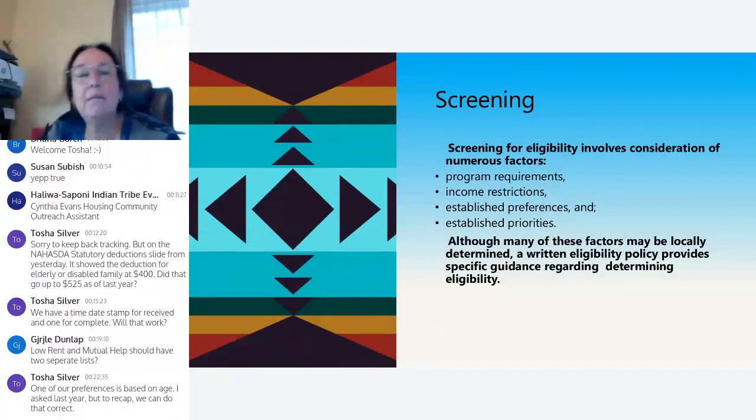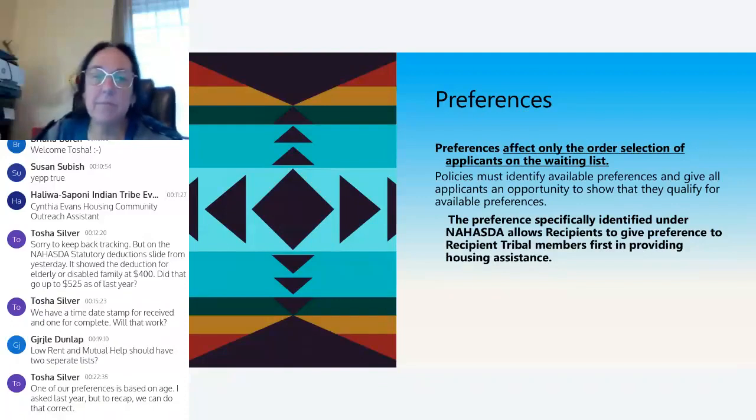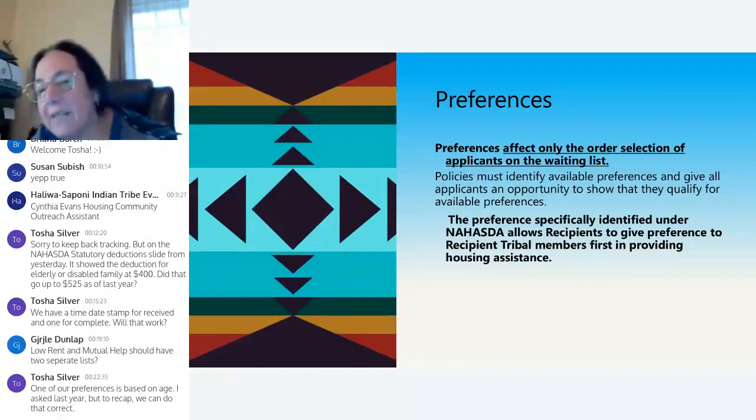So screening for eligibility involves consideration of numerous factors: program requirements, income restrictions, your established preferences, your established priorities. And although many of these factors may be locally determined, a written eligibility policy provides specific guidance regarding determining eligibility. So your preferences affect only the order of selection of your applicants on the waiting list.